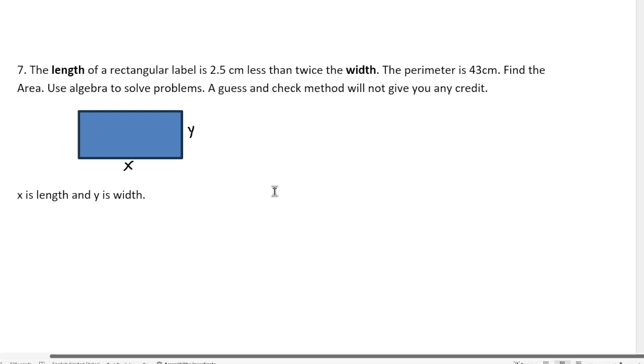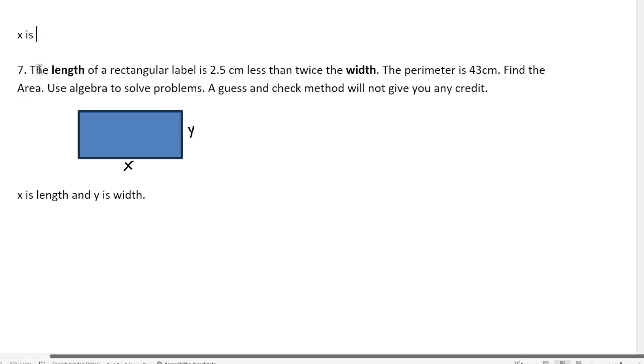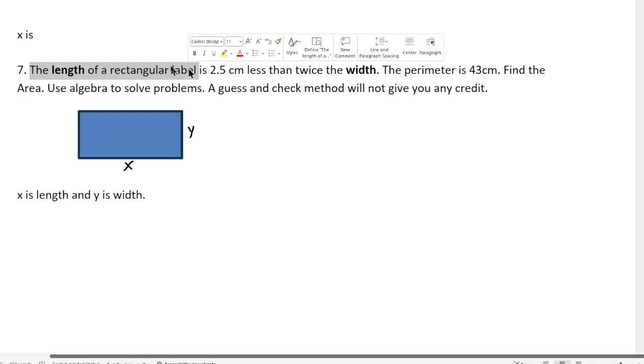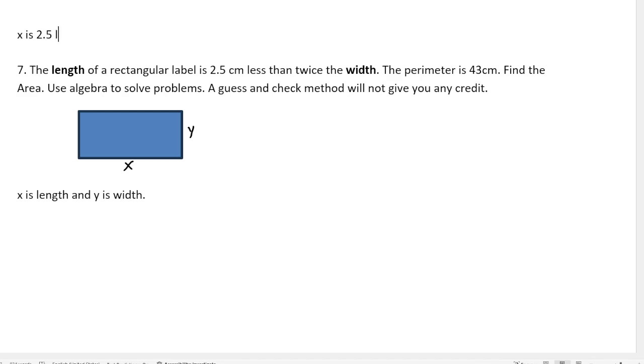Okay, so one way to make this simpler is to say that x, so we're just going to think about the length of the rectangular table. This entire thing is just x, okay, is 2.5 less than twice y. So think about this English sentence.